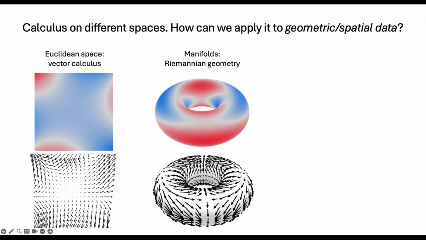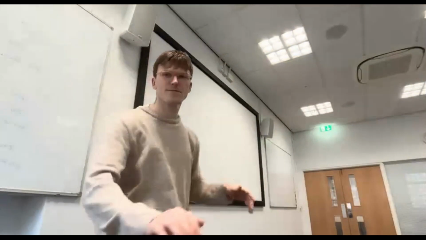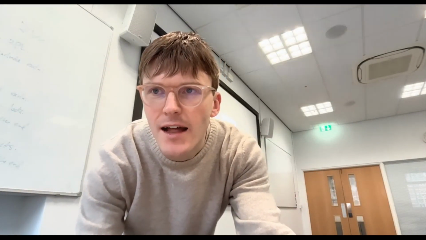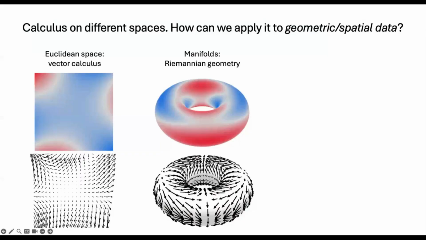So we can have something like this gradient vector field, which is a direct generalization of this idea: you have a function with spatial variability, and as you move around in the space, you can plot this with arrows that show how it all flows.